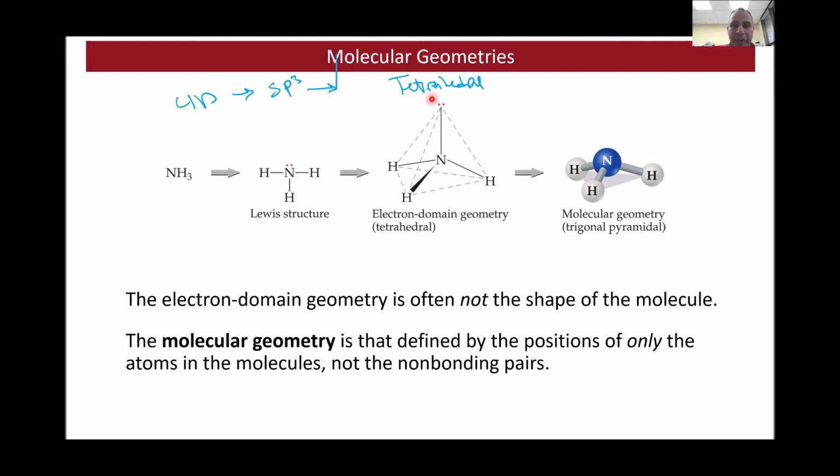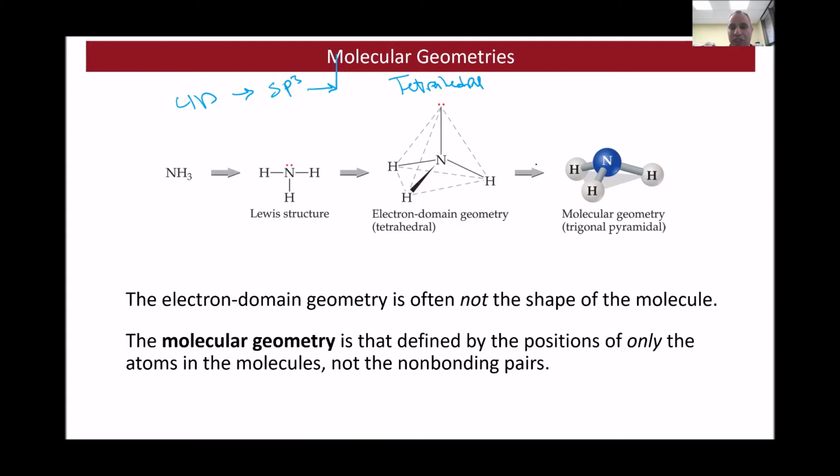However, lone pairs don't contribute to the shape. The shape of the molecule is going to be determined only by the atoms that form the molecule. If you closely look at the atoms themselves and ignore the lone pair, you will clearly see that these atoms assume a trigonal pyramidal shape, with the central atom a little bit out of the plane of the 3 terminal atoms in this shape right here.